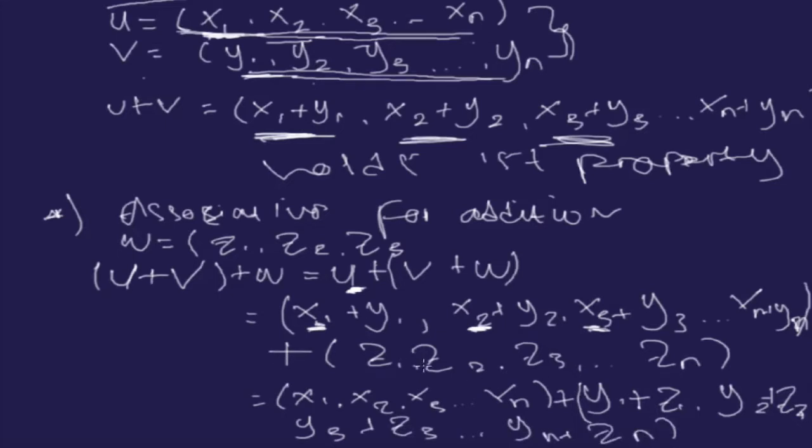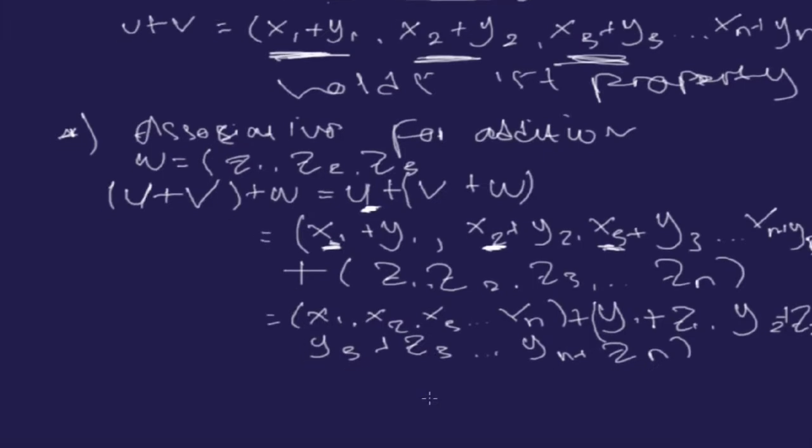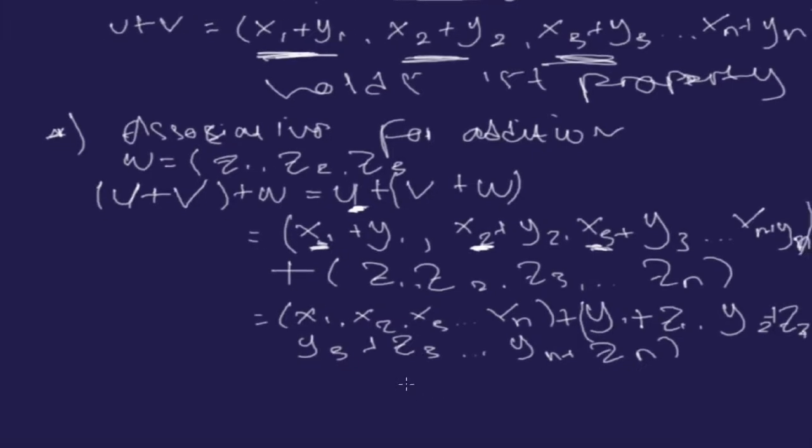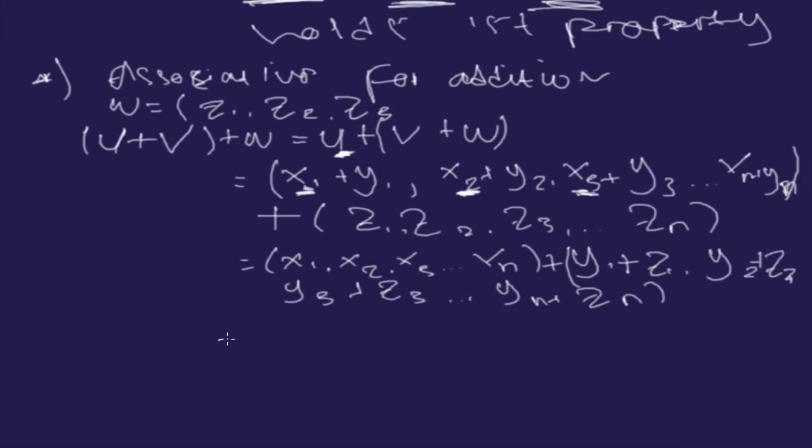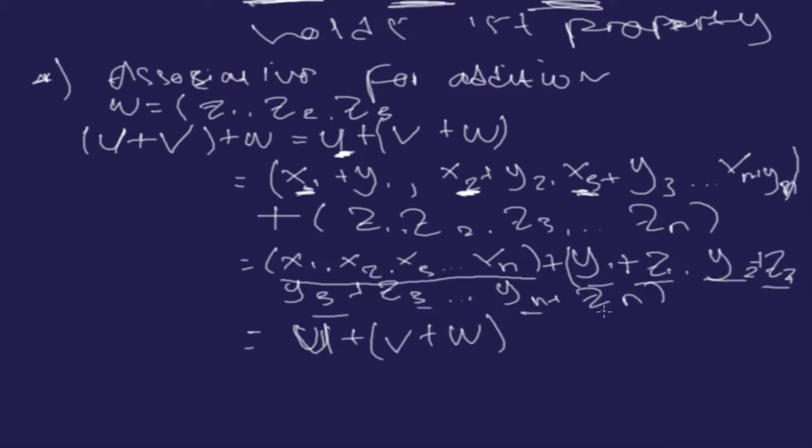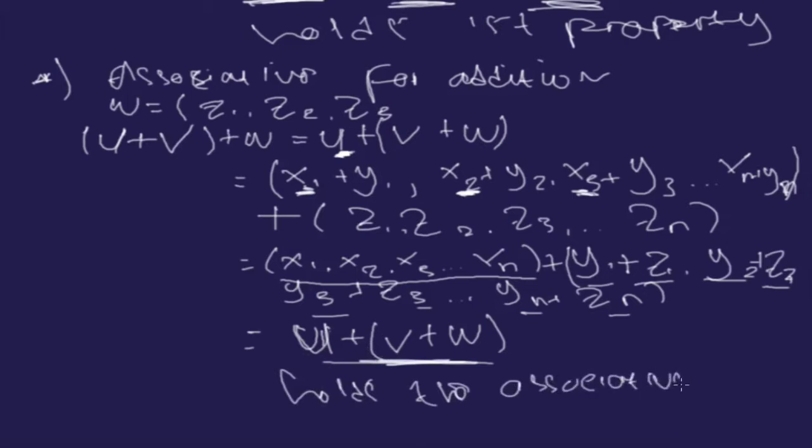From this you can see that it is u plus (v plus w), so it holds the associative property for addition.